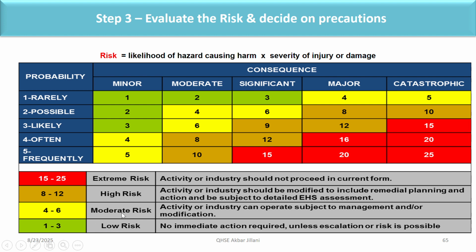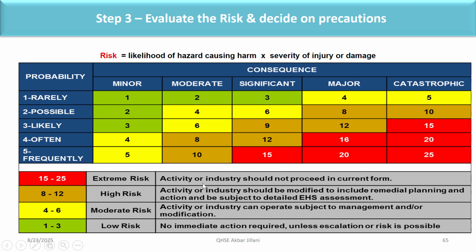Here's the multiplication. 1 to 3, low risk. 4 to 6, moderate risk. No immediate action required. Activity or industry can operate, subject to management and or modification. High risk, 8 to 12. High risk activity or industry should be modified to include remedial planning and action and be subject to detailed EHS assessment.